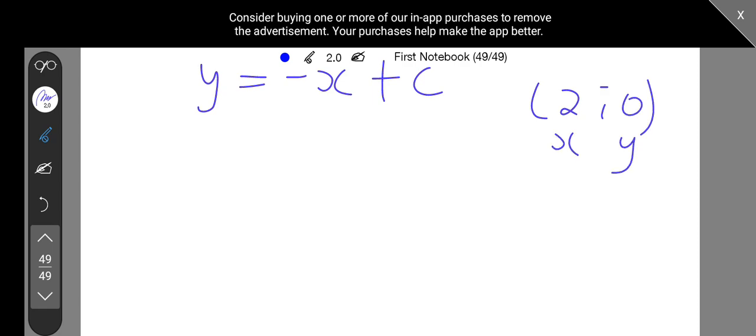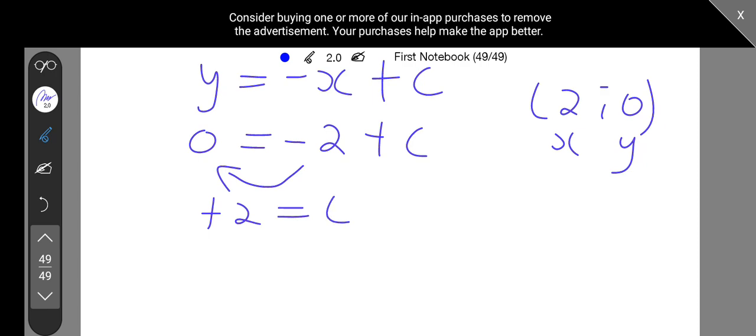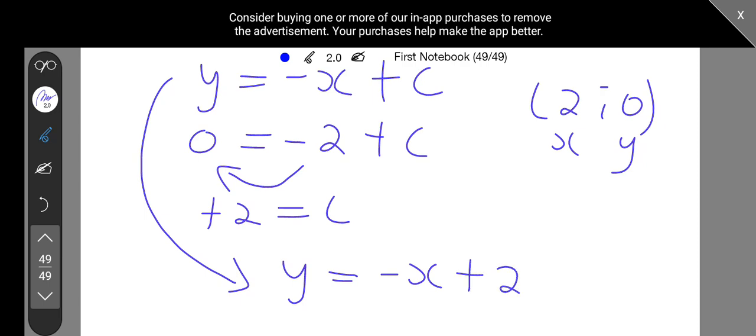Where we see y, we put 0, and where we see x, we plug in 2: 0 = -2 + c. The -2 crosses the sign and becomes positive 2, so c is equal to 2. At the end, we plug it into this equation, and you can see that y = -x + 2. This is the equation of a straight line. I hope it is understandable. Thank you for watching.